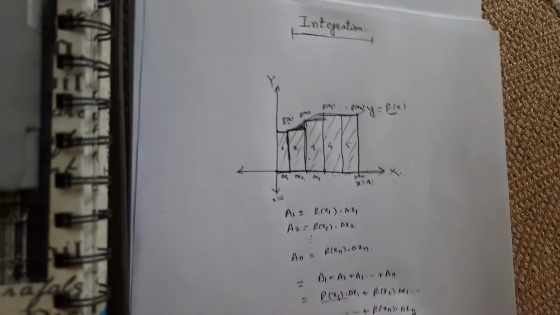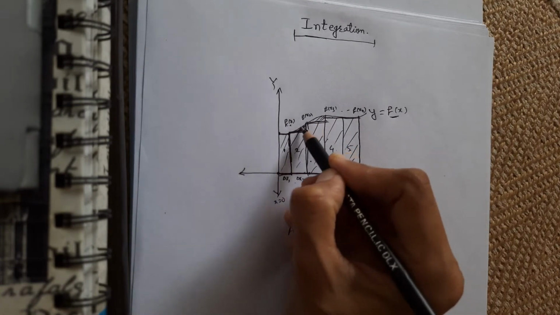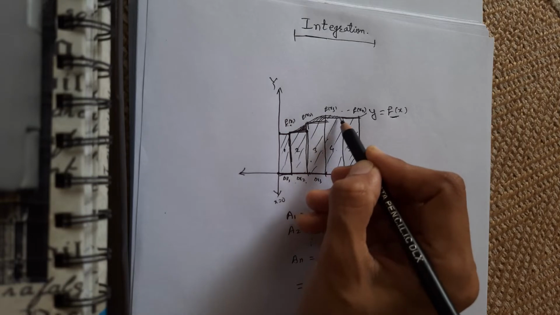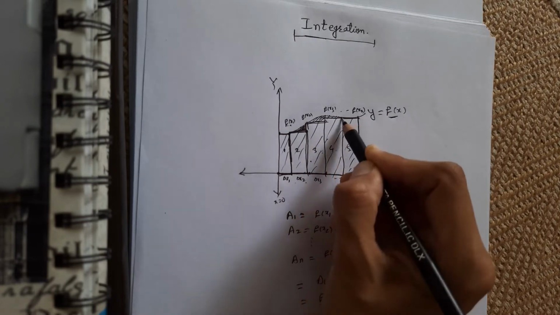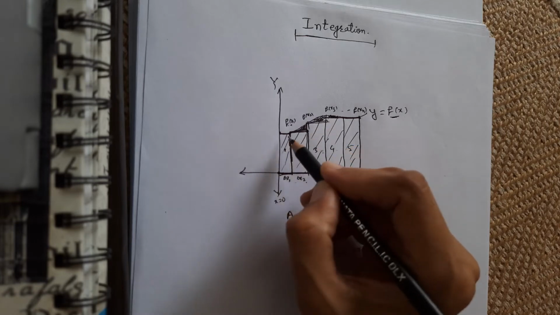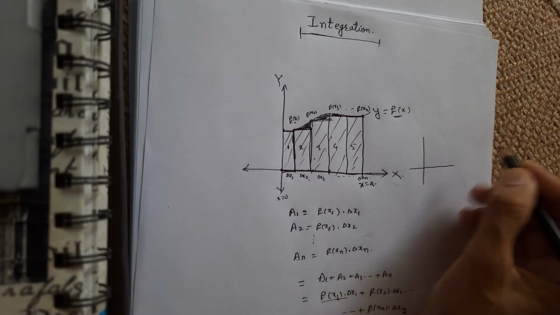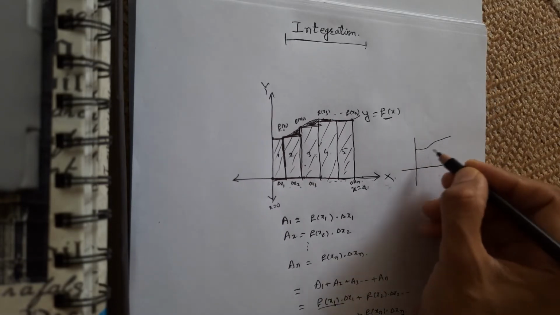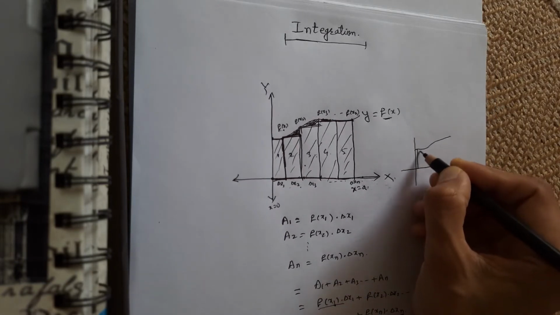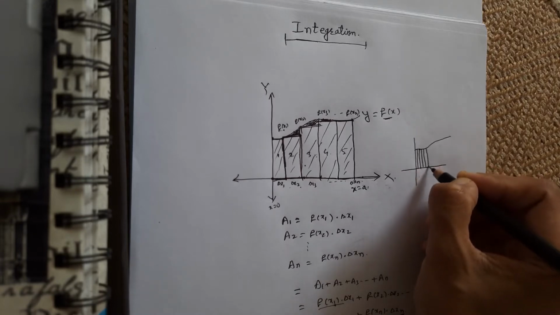Now since I took these 5 rectangles as an approximation, we are not including this part of the curve. This part is excluded, which is not correct. But suppose I take the same curve and divide it into very small, infinitely small rectangles.